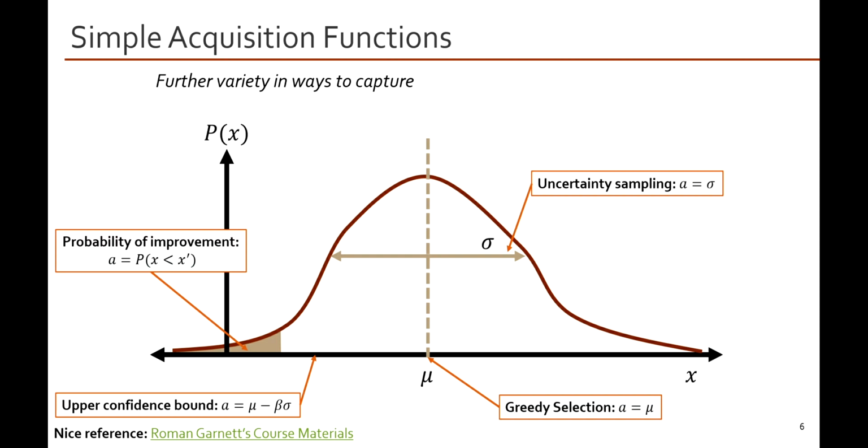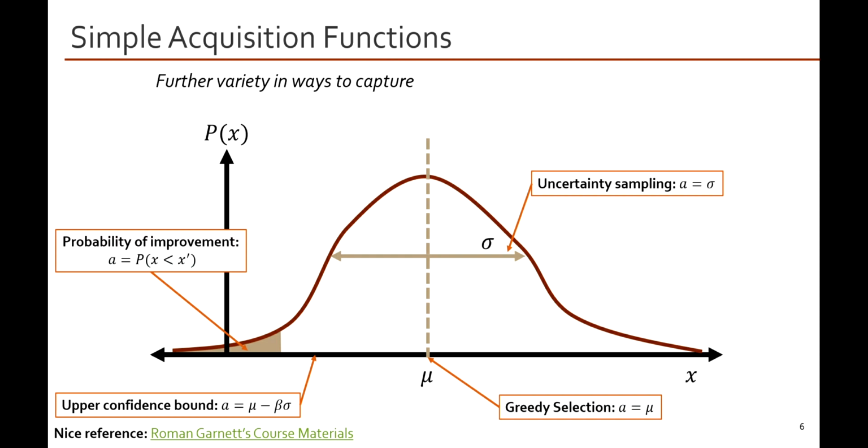So besides looking at just the width of this distribution, I can also look at its mean, and that's greedy selection. But there are a few other options that interpolate between them, like upper confidence bound, where I define a trade-off parameter beta, which controls how much I favor a high mean for my predictions, offset by my uncertainty in that prediction.